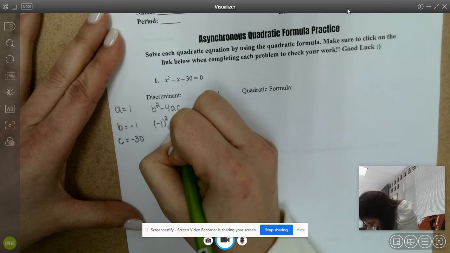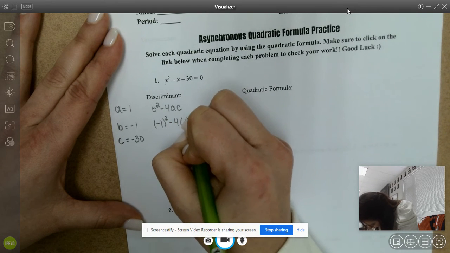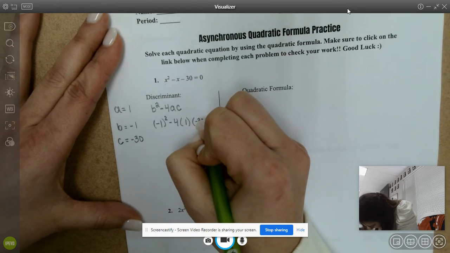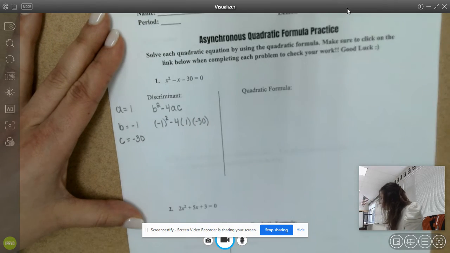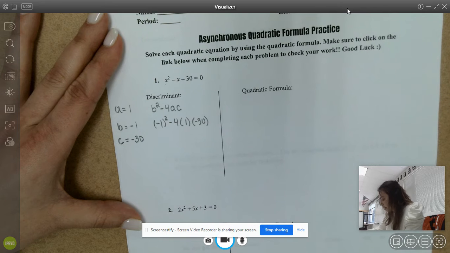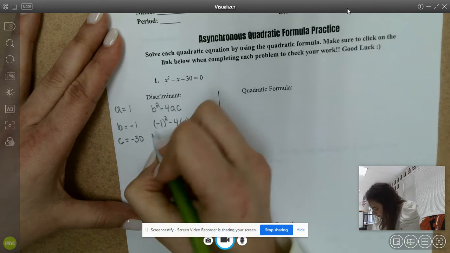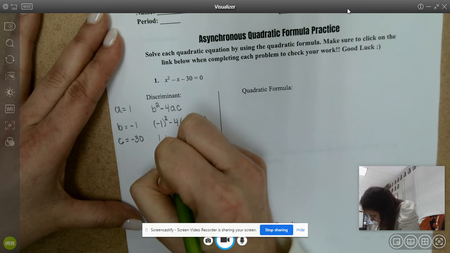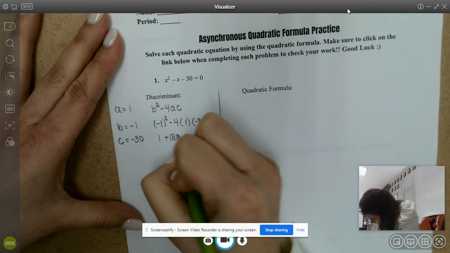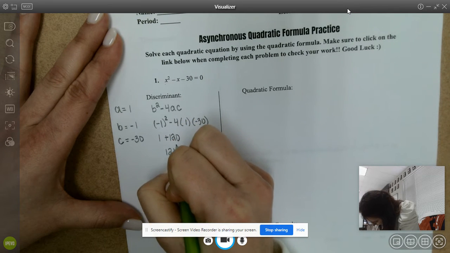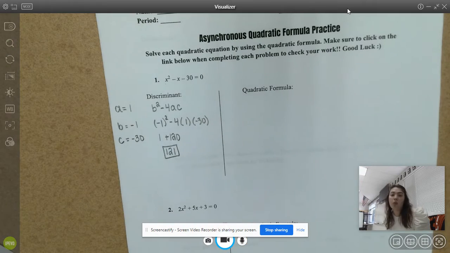So -1 squared minus 4 times 1 times -30. Okay, when we do that, -1 squared is +1 plus 120, which ends up giving us a discriminant value of 121.